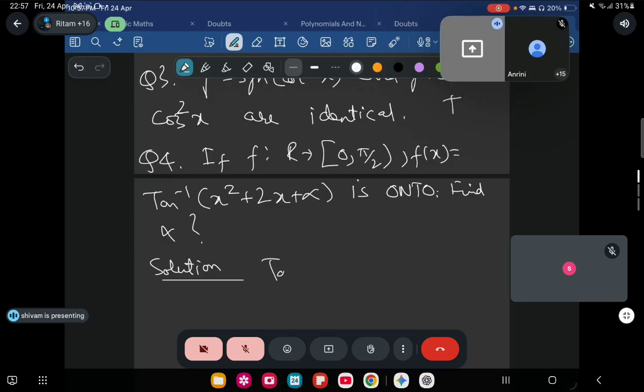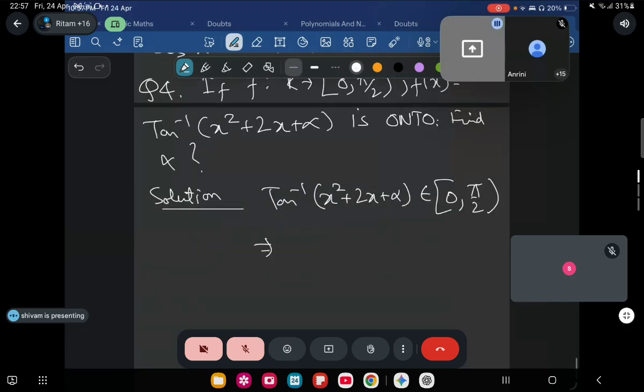I can say that tan inverse of x square plus 2x plus alpha. Yes, Oipsha, right answer. Shubhangi, right answer. Tan inverse of x square plus 2x plus alpha should belong to closed 0 to pi by 2, open.